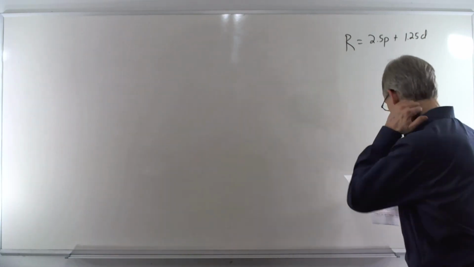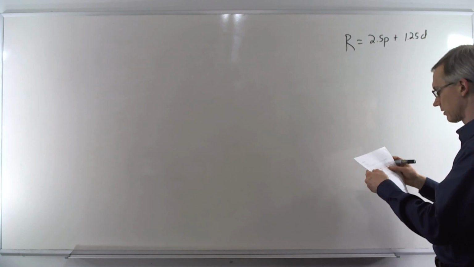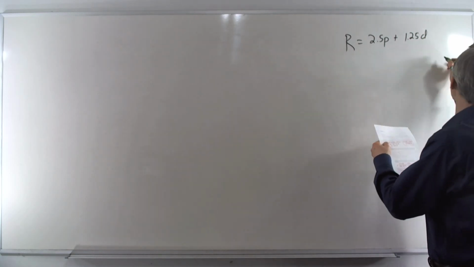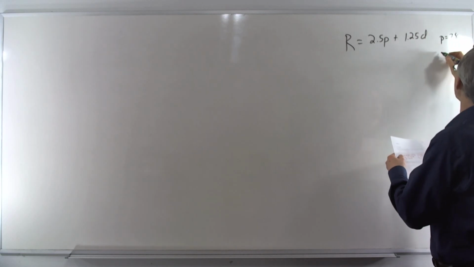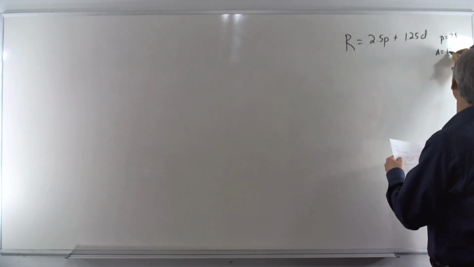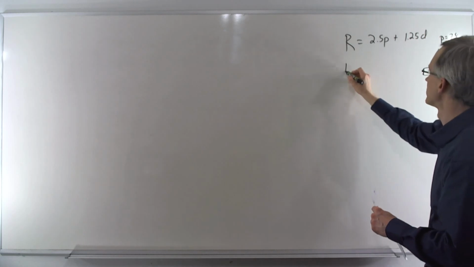So we're given that it sold 78 pretzels and 123 drinks. So that means P is 78, and D is 123. So let's plug those values in.